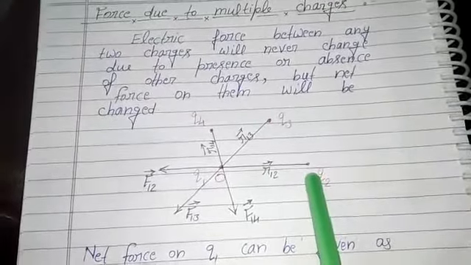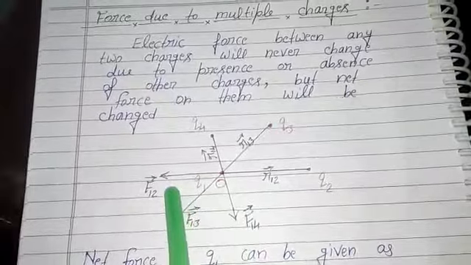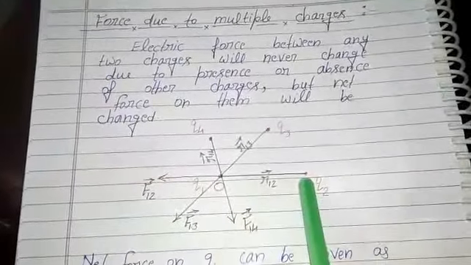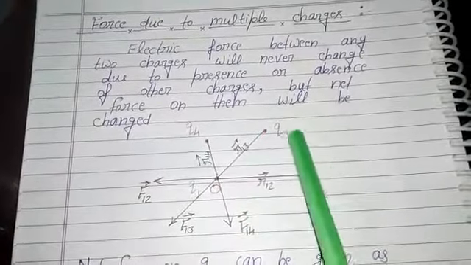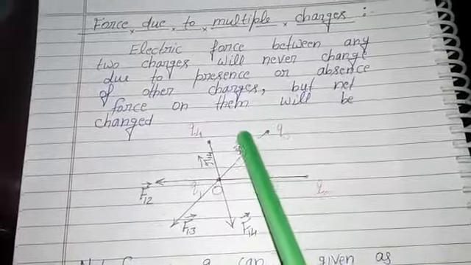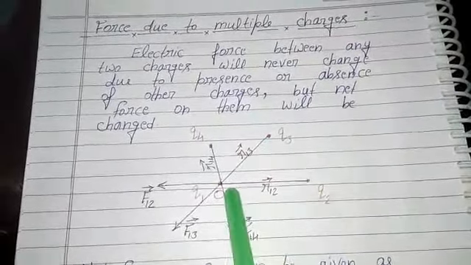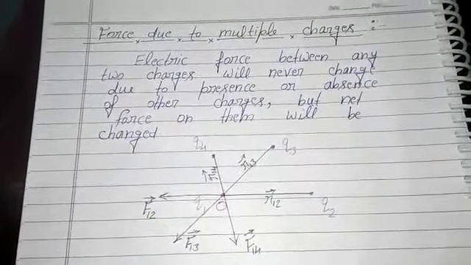Then we know that the force applied by Q2 on Q1, F12, will be equal to the force on the second charge Q2 due to Q1. If there is another charge Q3 or Q4, then the force between Q2 and Q1, that is F12, will not be affected.